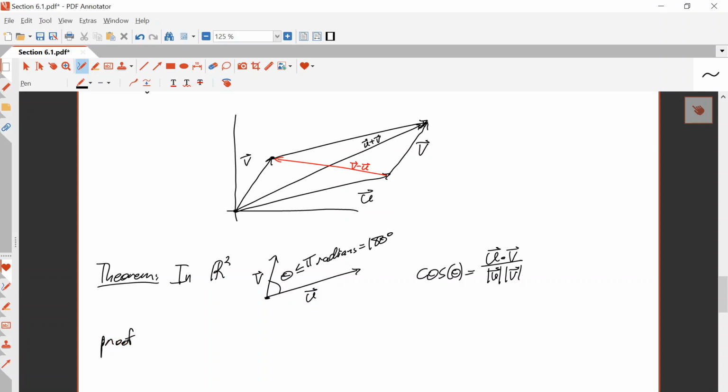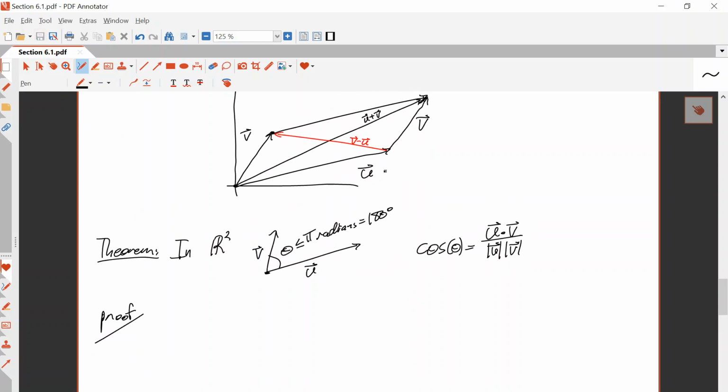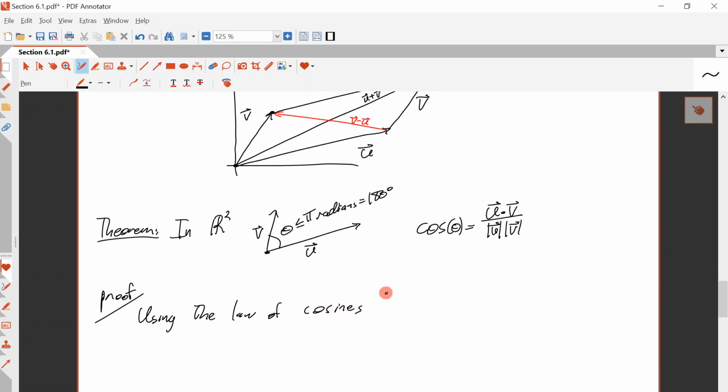Proof. So in this picture here, using the law of cosines from your pre-calculus trigonometry course, the length of u minus v, or v minus u, same thing, the length of u minus v squared is equal to the length of u squared plus the length of v squared.